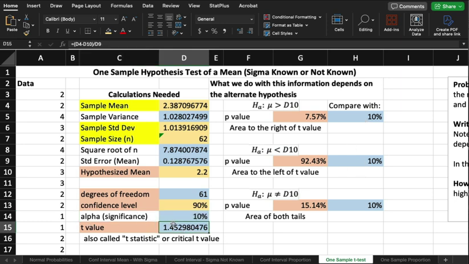And then your t value is going into cell D15. And again, that's the same as a previous video, but I'll just walk you through the formula once. It's equals left parenthesis D4 minus D10, so x bar minus mu, close parenthesis, divided by the standard error of the mean, which is in cell D9.